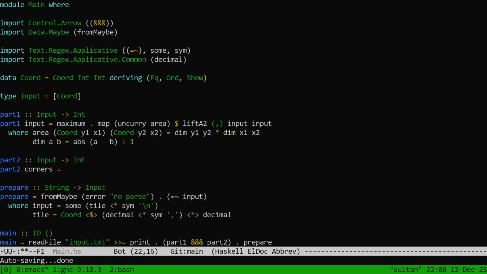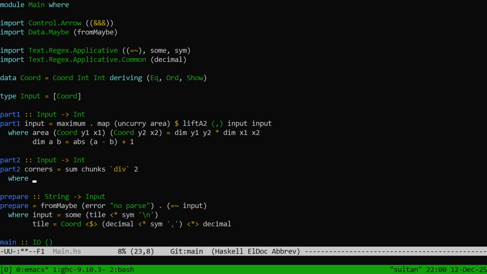Okay. So it's the sum of, what are these exactly? Triangles or chunks? I don't know. Call them chunks because they are parts of the polygon that are being added up together somehow. Yeah, div should have high priority. So we're going to add up all the chunks and then divide the result by 2.